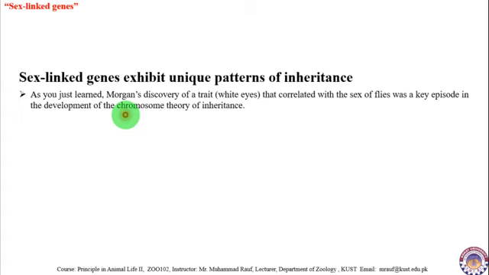So they presented the hypothesis that the Mendelian factors may be located on chromosomes, and it was experimentally proved by T.H. Morgan that yes, the genes or the Mendelian hereditary factors do reside on chromosomes.